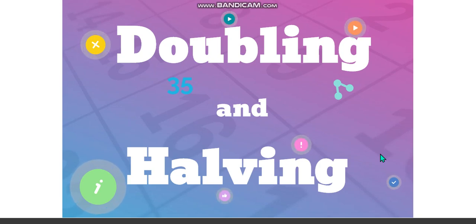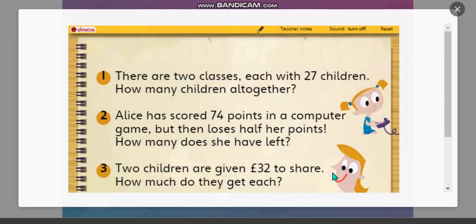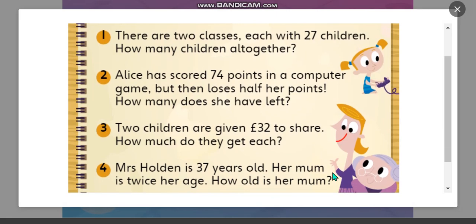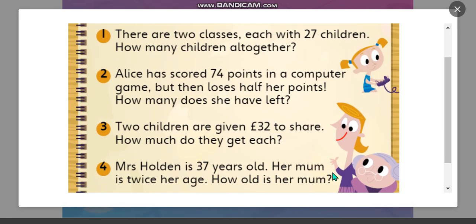Alright, so as I've said earlier, we are going to apply doubling numbers to our number stories. So here, what you are going to do is write on your paper whether you are going to double or halve the numbers. Alright, so I'll give you 2 minutes.